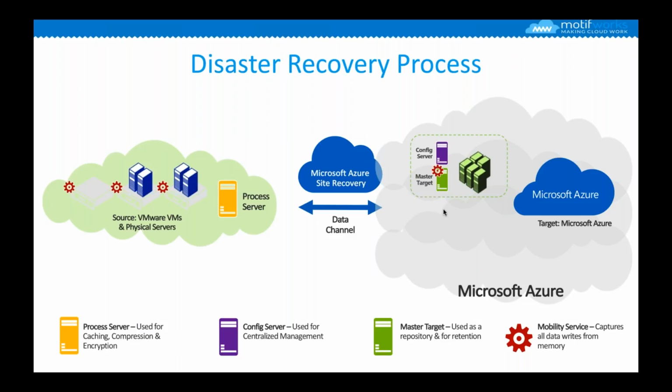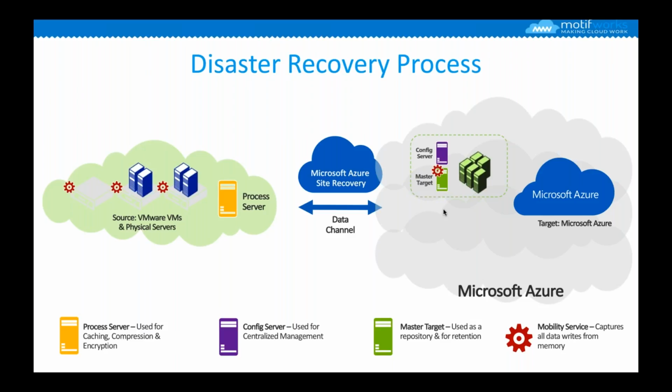Along with this, when you set up this process server, there are some additional components that you have to install. These additional servers are responsible for receiving data from protected machines. So one of the components you would need is called the process server within the configuration server.